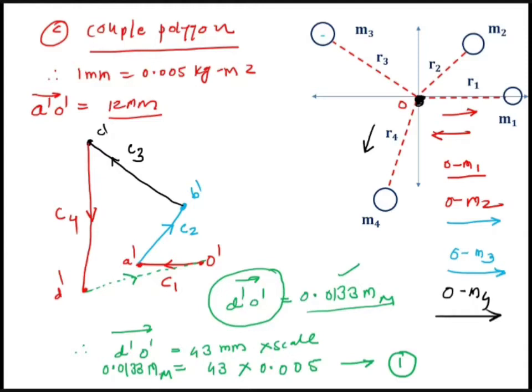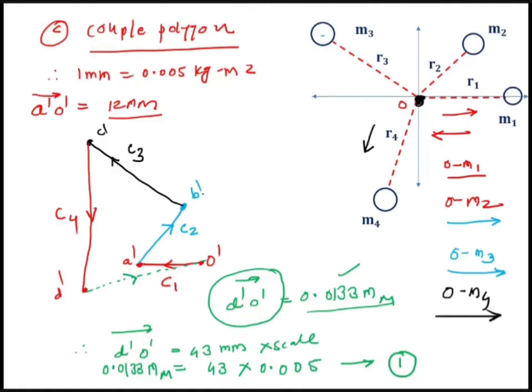So now you will get the balancing mass mm. From this, balancing mass mm is equal to 16.117 kg, right? So this is how you have got this mm.